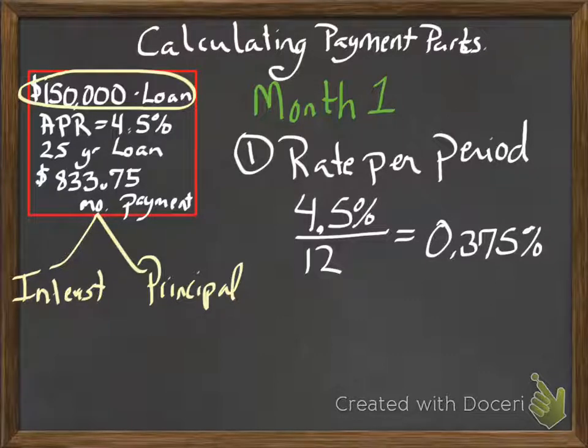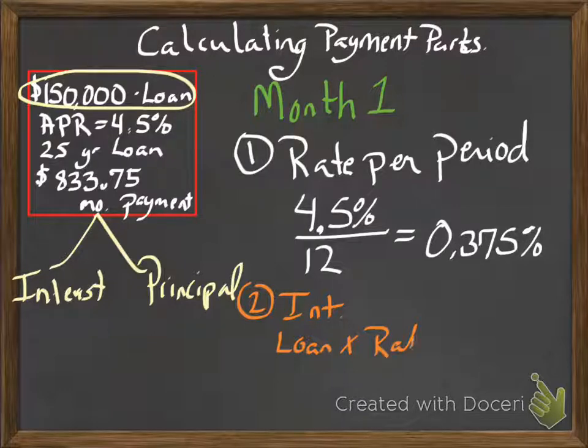Step 2, we are going to take that number and use it to help us calculate what our interest is this month. So we're going to take the loan times our rate as a decimal, and we're going to multiply them.